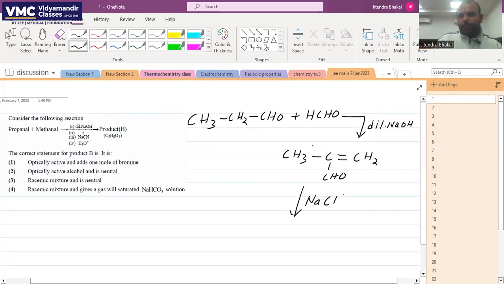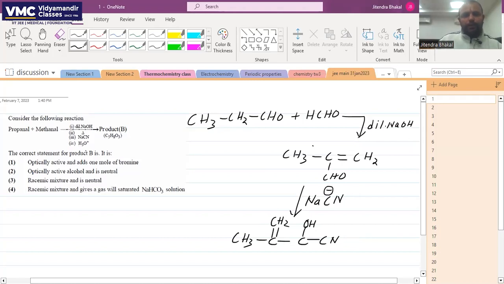NaCN. The CN minus is the nucleophile here. It will attack the aldehyde group and it will form cyanohydrin. CH3, C double bond CH2, C, OH, here CN.